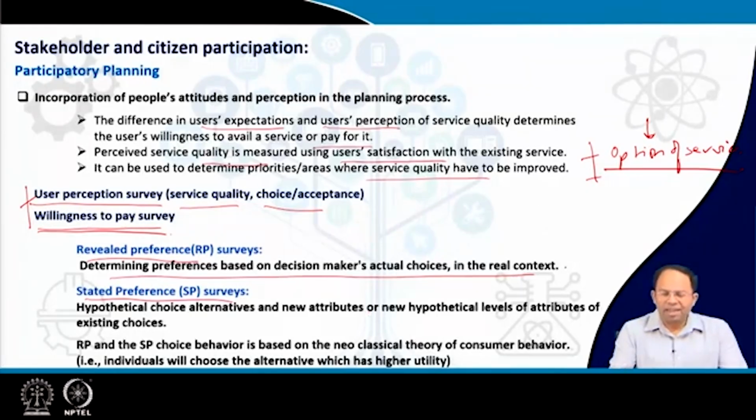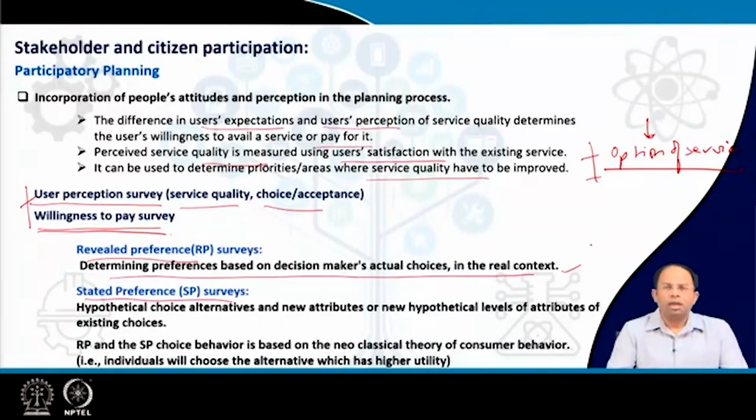So, that means in the real context, based on the service that is being provided, we can ask them for their feedback and from there we can determine which are the things which people want to be improved and so on, right. So, that is based on the real context and real things.